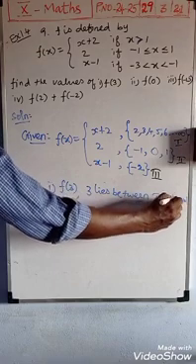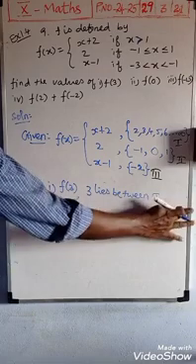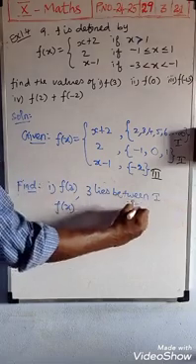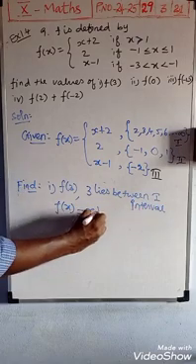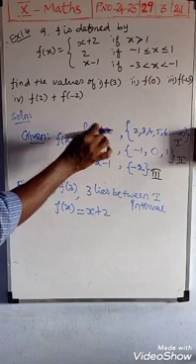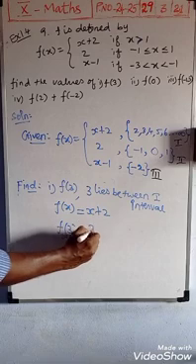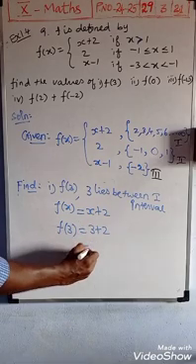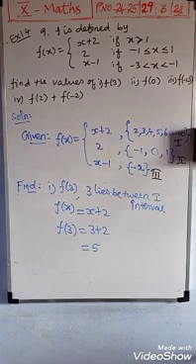So for the first interval, f of x is x plus 2. Instead of x you substitute 3, so f of 3 is equal to 3 plus 2. 3 plus 2 value is 5. Therefore f of 3 value is 5. Like that you find the remaining answers.